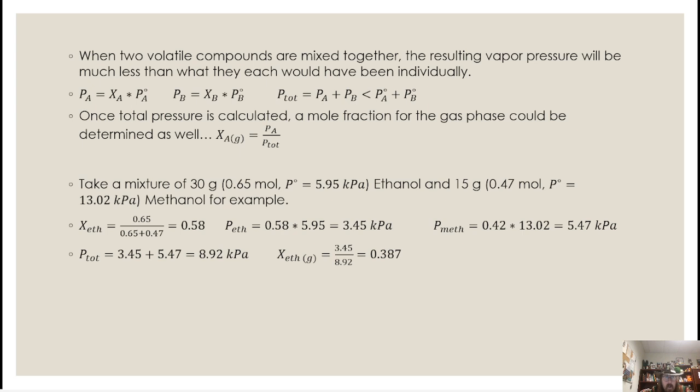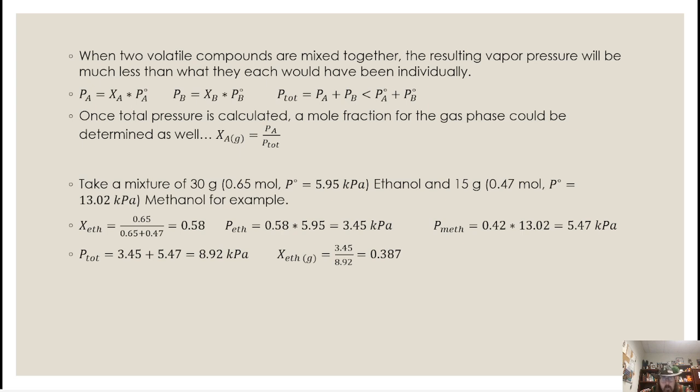And now if I add those two portions up, I get a total pressure from both gases combined of 8.92, which is less than just methanol by itself. Still more than ethanol, but less than you would expect. You would expect something like 18, almost 19. But instead, we get a total pressure of 8.92.